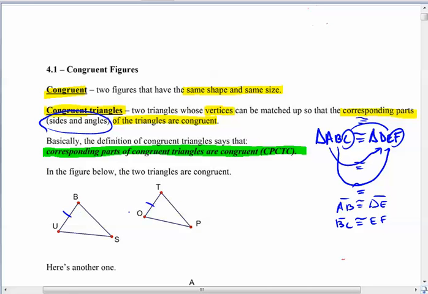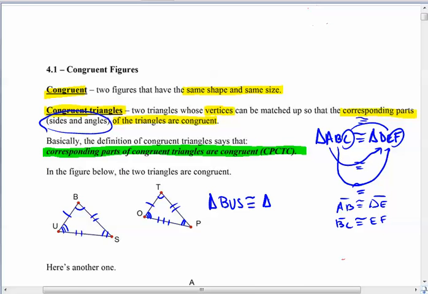That being said, if you look at these two triangles here, BUS and TOP, if we knew that they were congruent, and I'm adding in some markers to indicate that they are indeed congruent, okay, you would need to be careful about how you wrote a congruent statement. If, for instance, you chose to write the left triangle as triangle BUS, once you write it that way, you need to name the next triangle in a particular way so that the angles are matching up to the congruent angles.